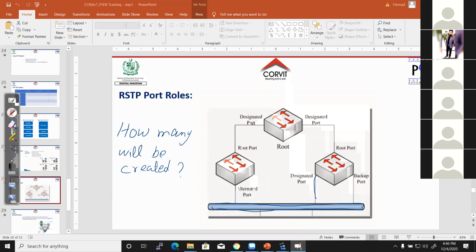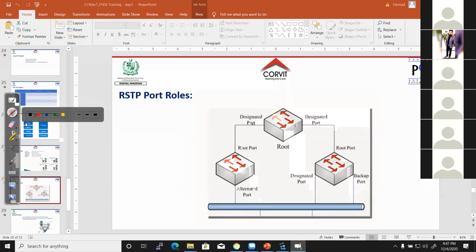All our switches are connected through this. You may say this is your switch. How many loops will occur in this topology? No, wrong. 3. Absolutely right. 3.